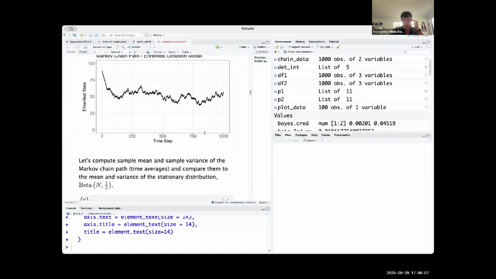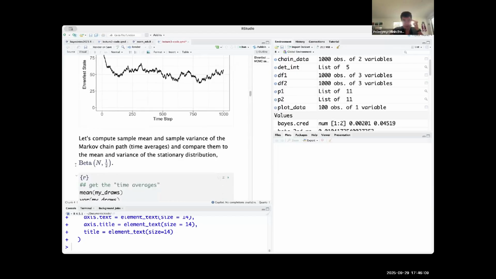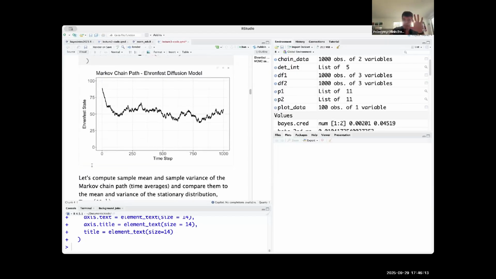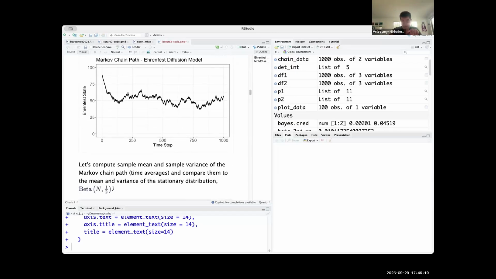Now remember what the ergodic theorem says: if I average this path, that should give me 50, because my empirical average across time should be equal to the stationary mean.